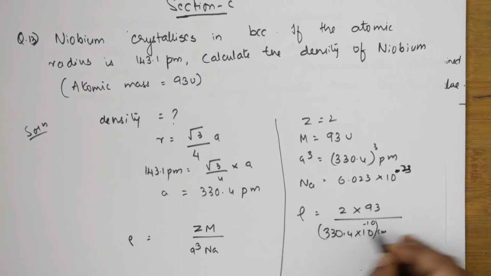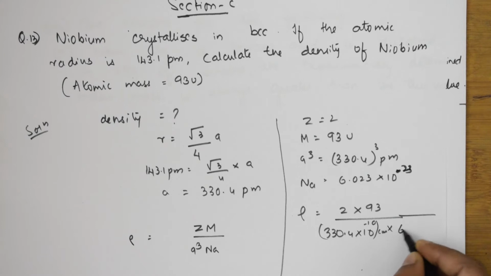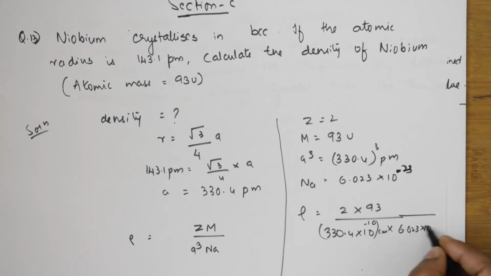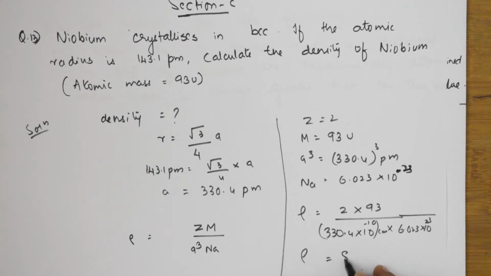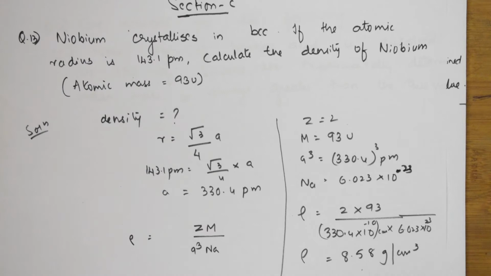Into Avogadro number 6.023 into 10 raised to the power 23. When I solve this, I get an answer of 8.58 gram per centimeter cube. Remember the unit, gram per centimeter cube. Correct? Yes, done. So the whole thing is done. So this is your sum.